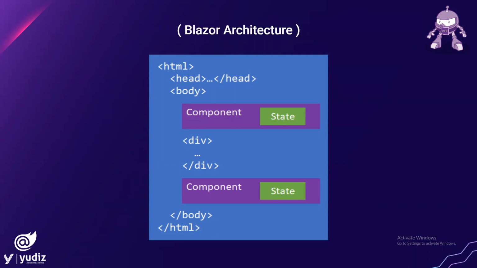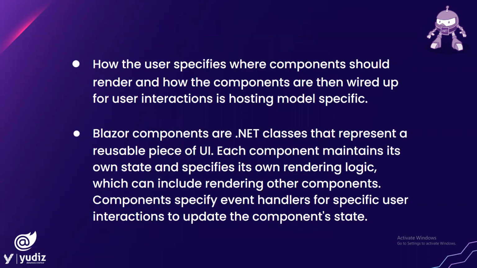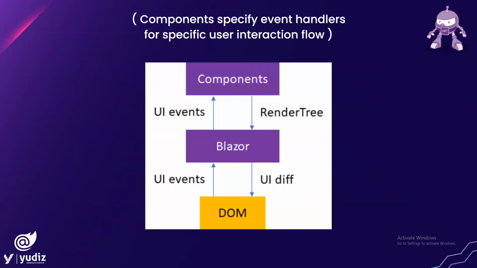Components are reusable. If we want to use some functionality many times in our project, we can make a common component for that and use it from different pages when we need. Each component has its own identity and its own state. In this picture, there is the interaction flow between component and DOM.